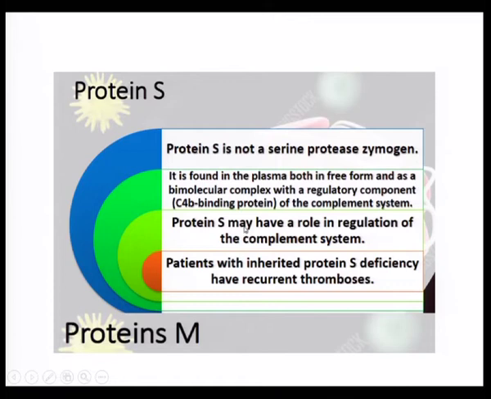Vitamin K has a direct say on it. So, you see there is this particular protein, what we call C4b binding protein. C4b binding protein is basically a protein which results as part of the complement system.